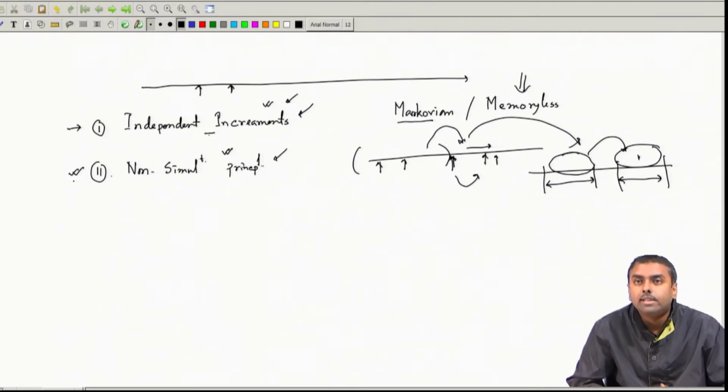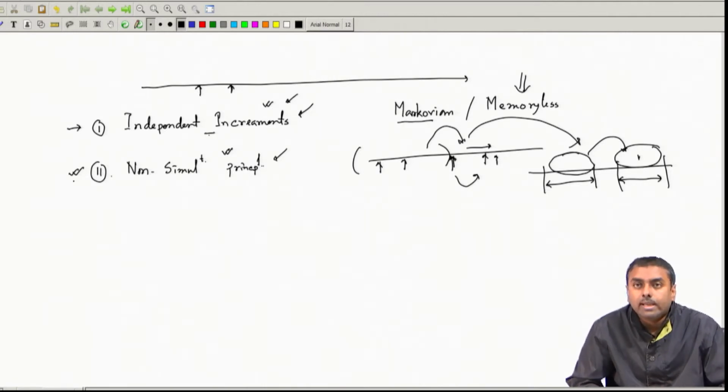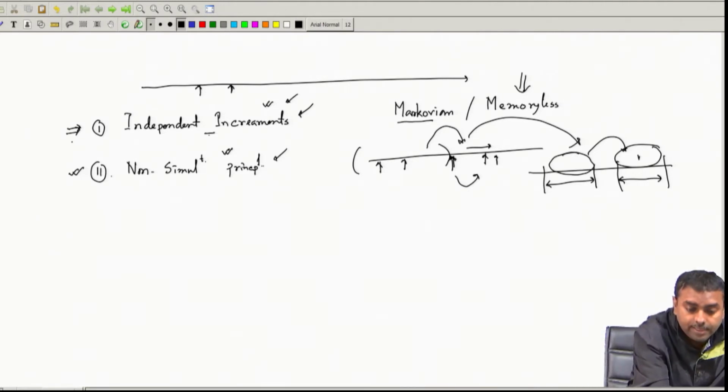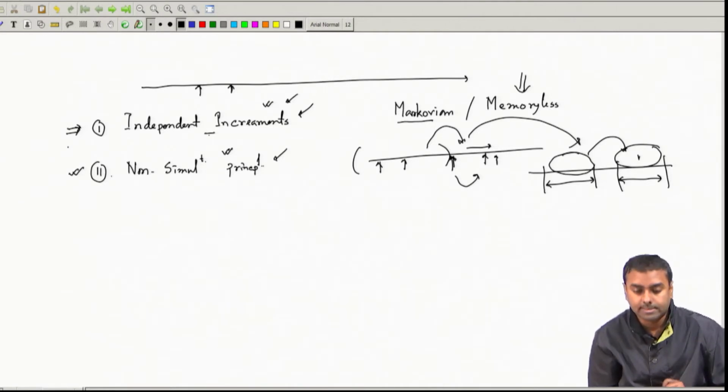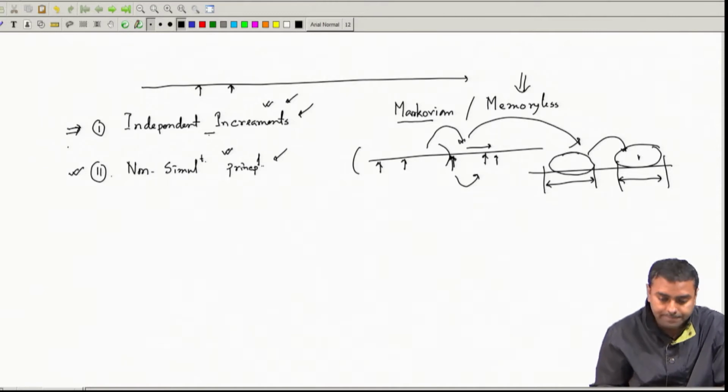No other distribution is possible, and for discrete time it is geometric. Other than these two, there is no other process you will be able to describe which has the memoryless property. Okay, so that is very fundamental to this memorylessness. Let us try to understand these two things a little bit more mathematically.